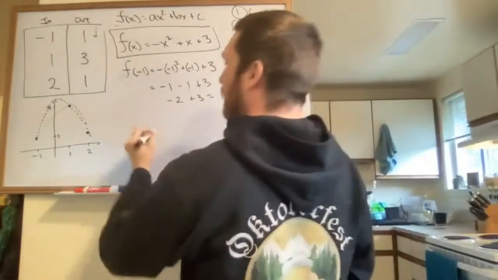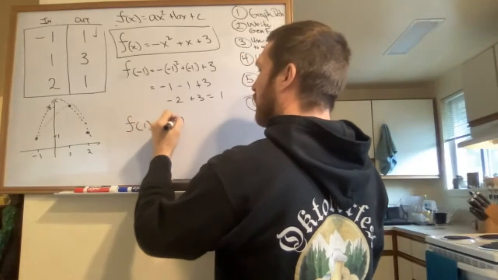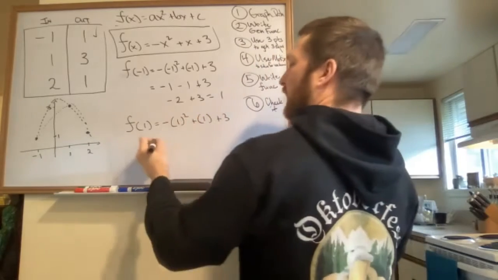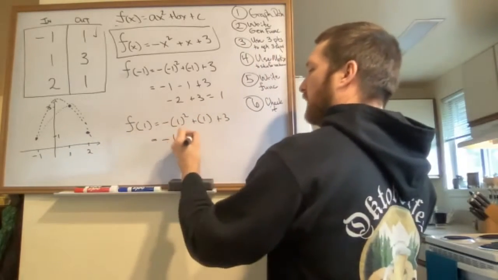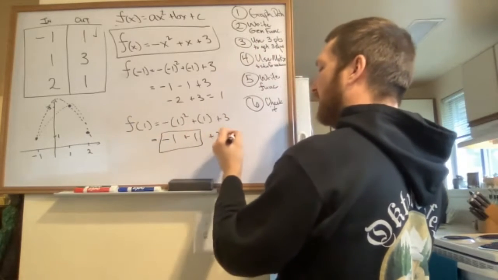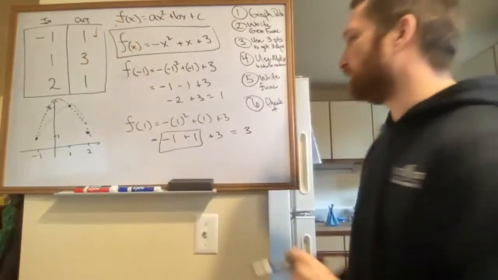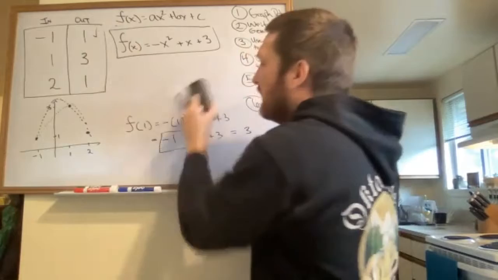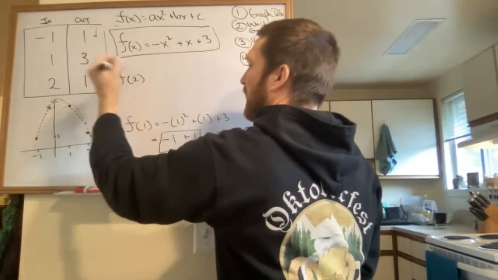Okay, we're going to do it now with 1. Plug in a 1, and I get negative (1) squared plus 1 plus 3. 1 squared is 1, okay? So that's -1 plus 1 plus 3. The 1 and the -1 are gone, and I'm just left with 3. Good, check. Finally, it says that when I plug in a 2, I should get out a 1.